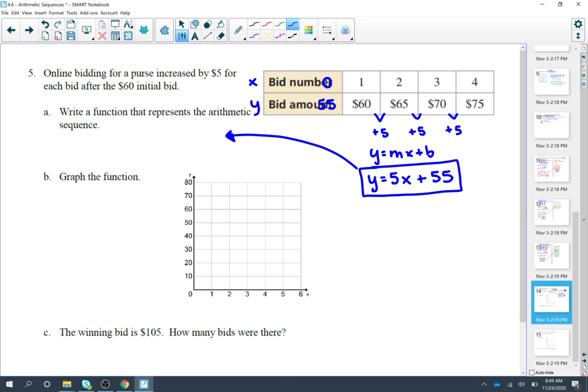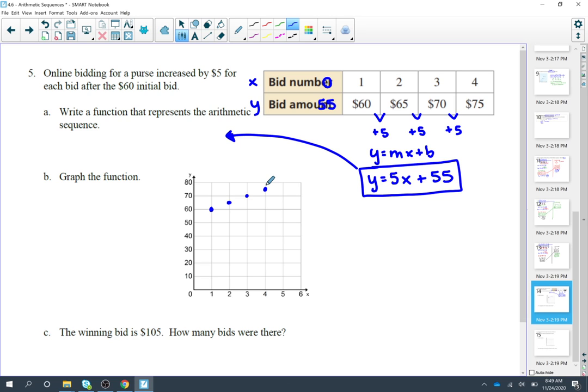Now, graph the function. Well, if I'm going to graph this, I'm going to really go back to the table, and I have (1, 60), (2, 65), (3, 70), (4, 75).